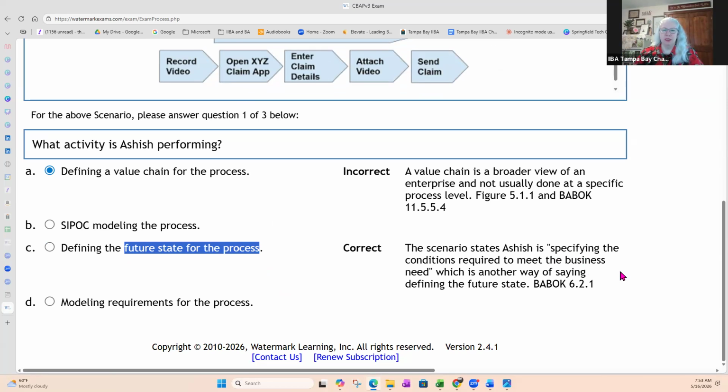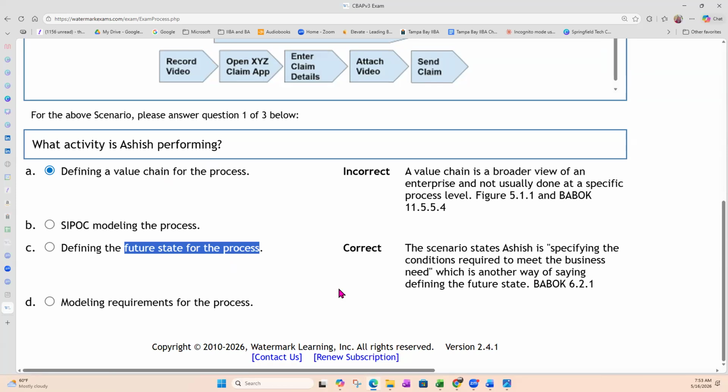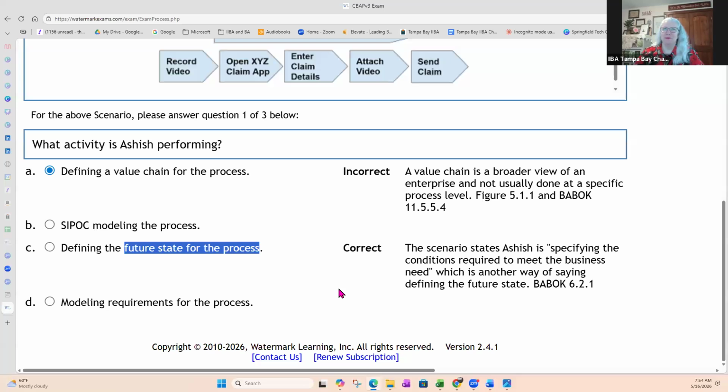You understand why this is the best answer? So he used the SIPOC to define the future state, to say these are the steps we're going to take. Value chain is way up at the gain revenue, gain customers, reduce risk. That's what value chain is going to have in it. Okay, enterprise level, process level, task level. Yes. Okay, we are on the process level.